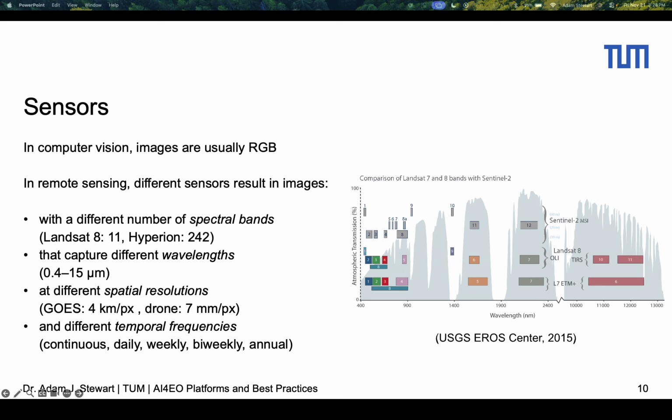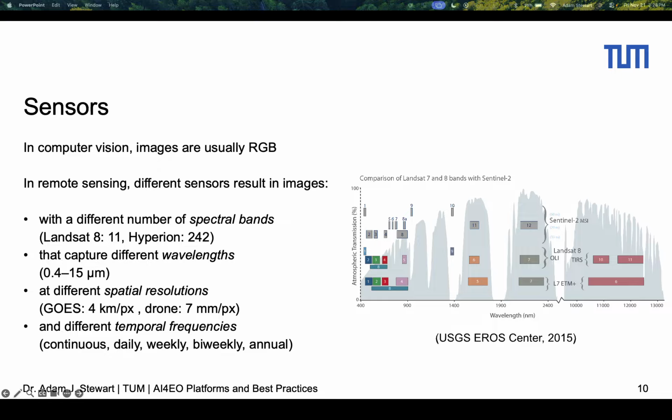For example, in Sentinel-2, we've got some bands at 10 meter resolution, some at 20 meter resolution, and some at 60 meter resolution, and very different bandwidths for each of those. So there's a lot of complexity just in relatively similar satellites. You cannot train a model naively on Landsat 8 and use it on Landsat 7 or on Sentinel-2. It's a very different type of image.